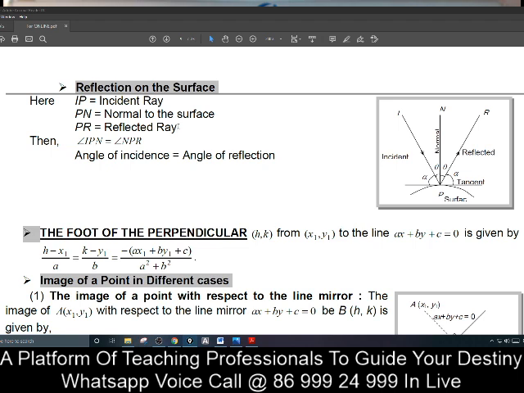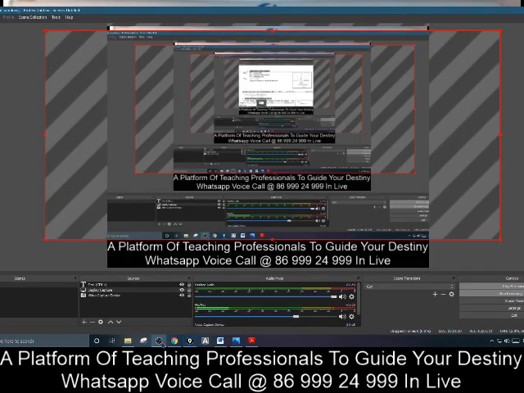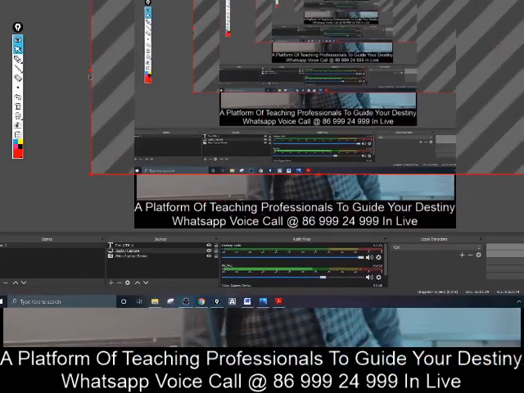Next, reflection on the surface, foot of the perpendicular, and all this. See, I have collected almost 40 problems on this one. Because simultaneously I am discussing the concepts also, it is taking more time.